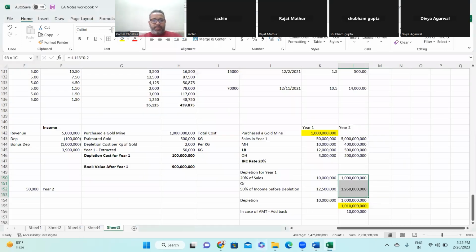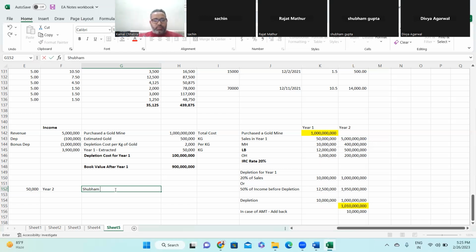So let me draw an example for you. For example, you are an enrolled agent firm. Let's assume Shubham is a sole proprietor and running his own EA firm. In the EA firm, you have a P&L.